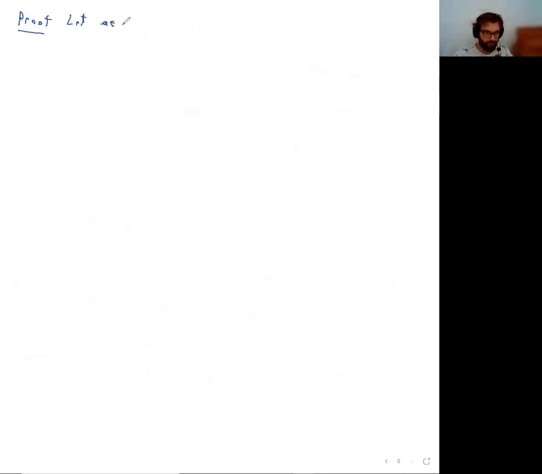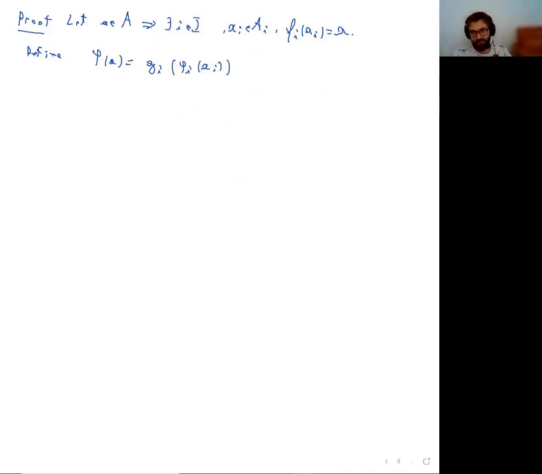So we take an element here, and from our previous observation, there exists one step that represents this. And well, there's nothing better than to define phi of a as Gi plus phi of ai. Yeah, you simply kind of go up, right, and down.